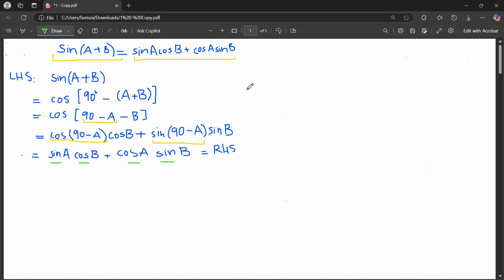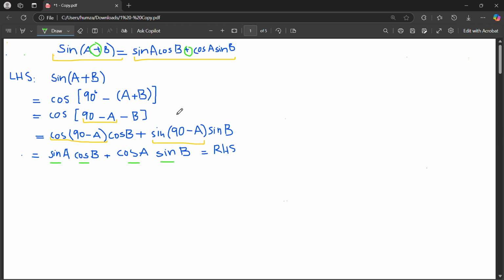But for this compound angle sin(A + B), we are going to make sure we use the same sign. So if there is a positive sign in the bracket, then there will be a positive sign in the expanded form. So this is the rule for sin(A + B), which gives you sin A cos B plus cos A sin B.